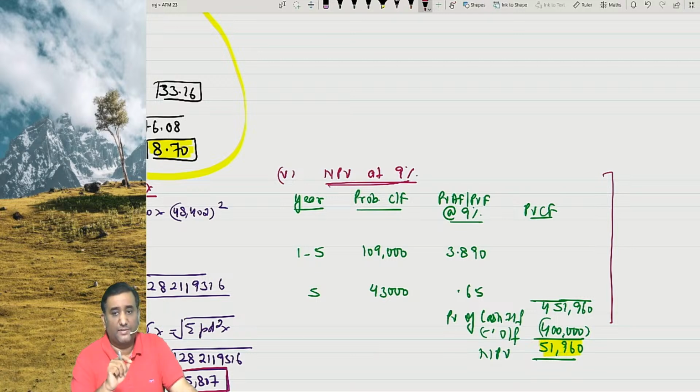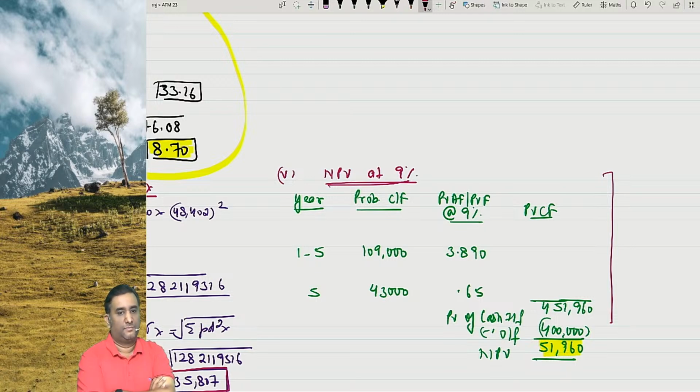Since the COV of this project is 0.9, which is less than the average COV, in bracket you can put down 0.95 to 1, hence 100 basis points would be deducted from the cost of capital.